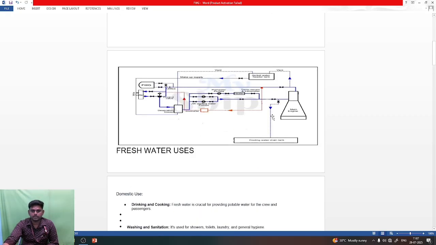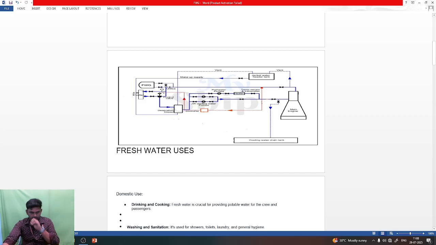In the cooling system, the HT water is going to the freshwater generator. I already told you that when we don't need the freshwater generator, we can bypass this system. When we are sailing, we will start the freshwater generator.